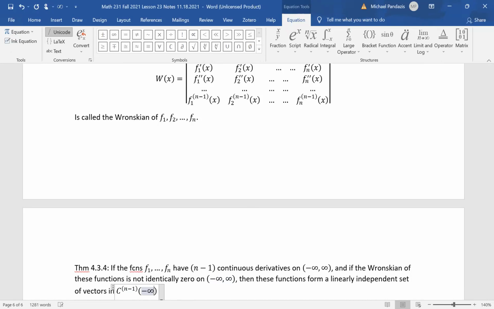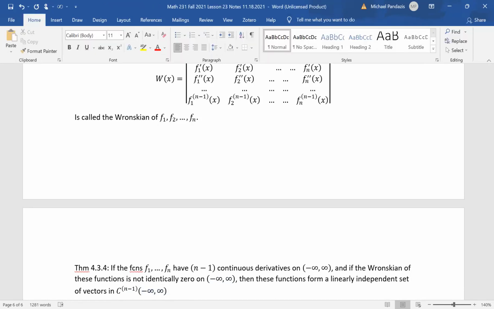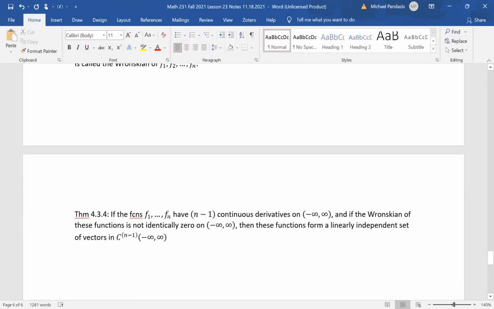This is the space of all continuously differentiable functions of order n minus 1, meaning they have a first continuous derivative.